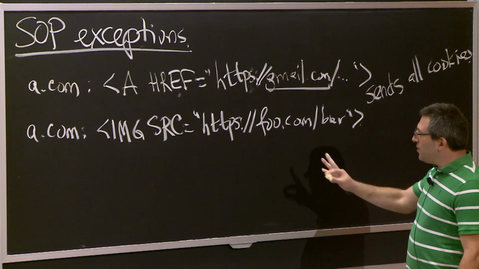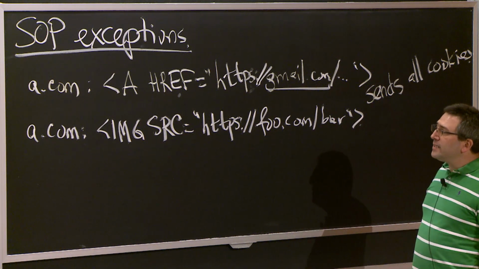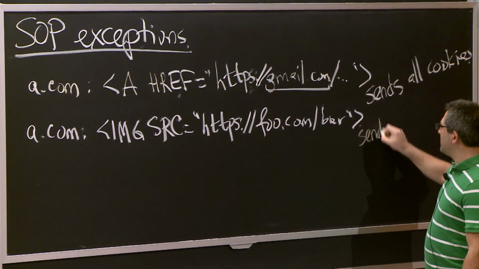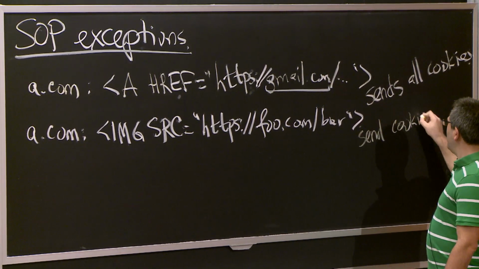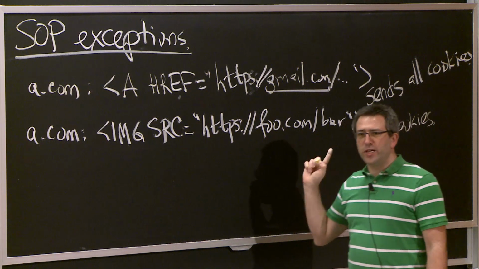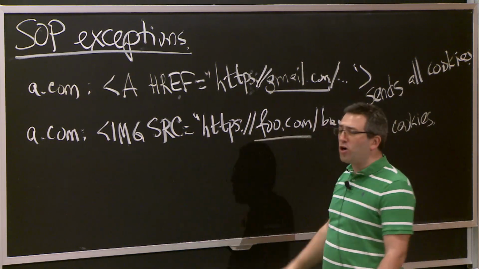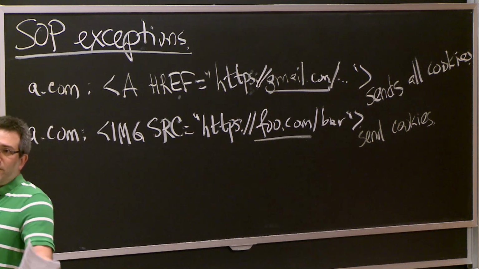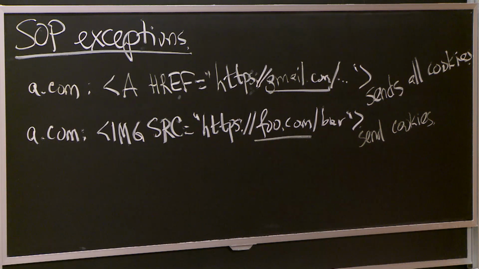But nonetheless, the browsers supported this, and again, the problem is you send all your cookies. Even though you're loading an image, your browser is going to send all your cookies for foo.com in this example to that other server in order to fetch this image, because that's the primitive. When you're making a request, send all the cookies.